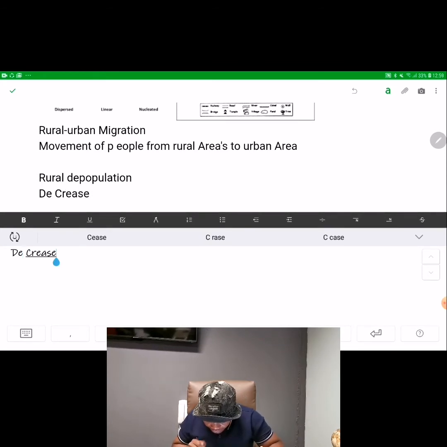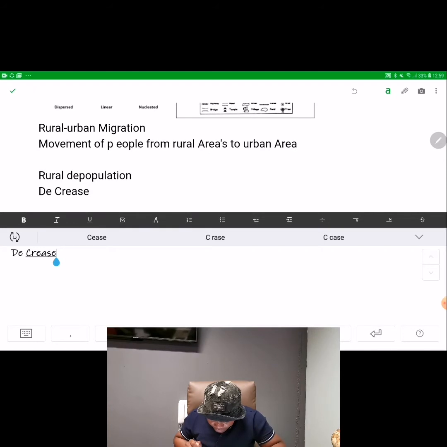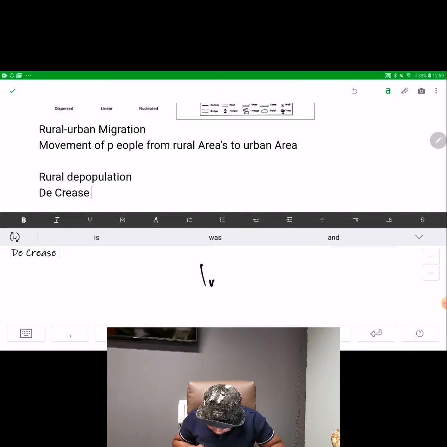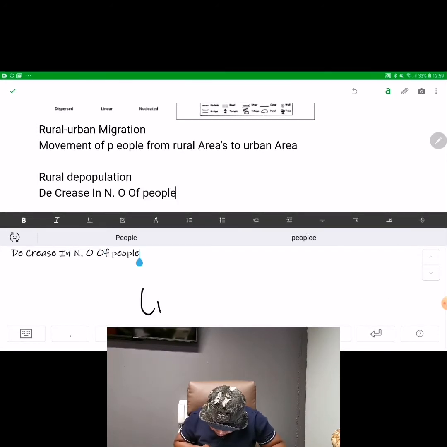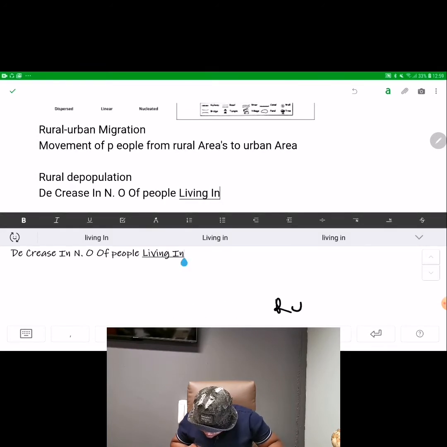That is what rural depopulation is: the decrease in the number of people living in rural areas.